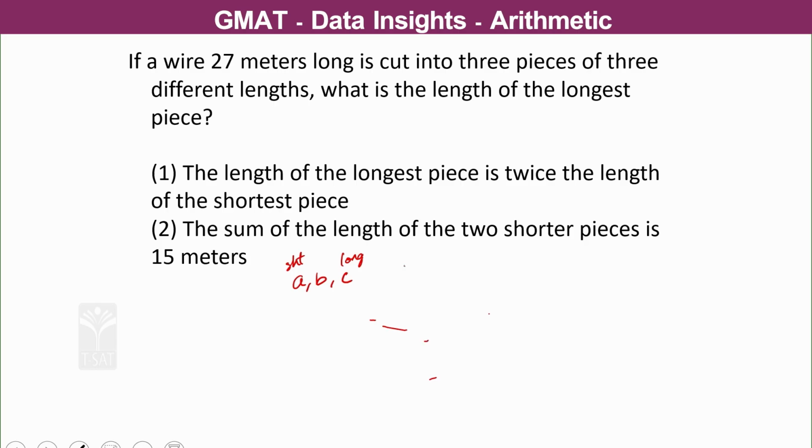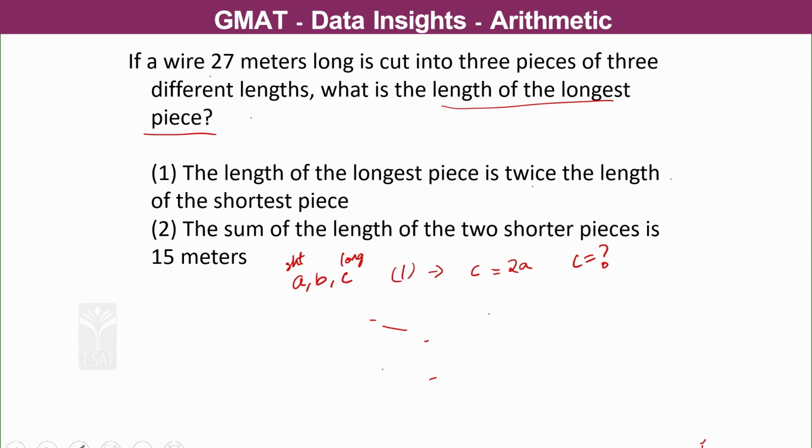Statement 1 tells us that the length of the longest piece is twice the length of the shortest piece. So, the longest piece is C, it is equal to twice the length of the shortest piece, which is A. So, C is 2 into A, and we are supposed to find the length of the longest piece. So, the question is asking us what C is equal to, basically.